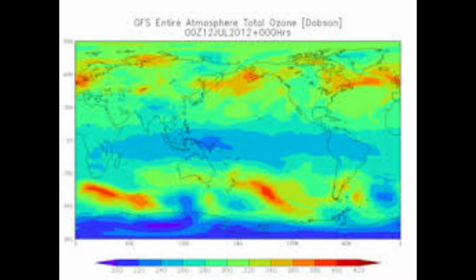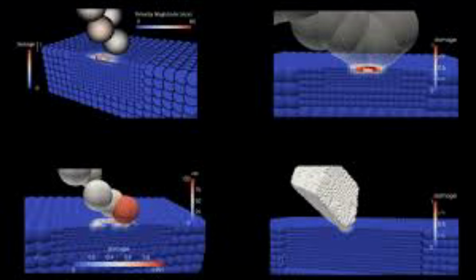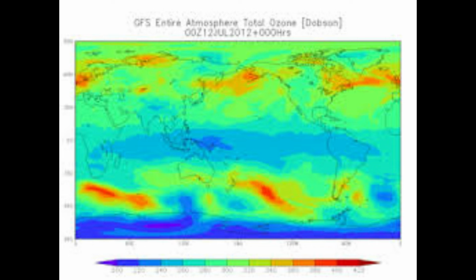The fifth is atmospheric models, to forecast the weather. The prediction of weather numerically is widely applicable nowadays.